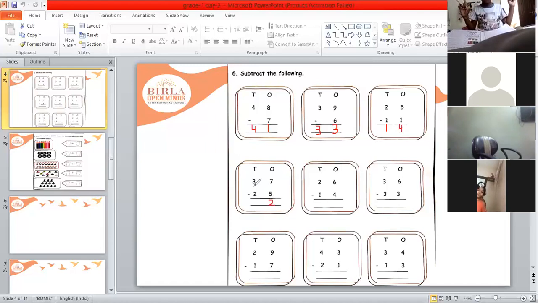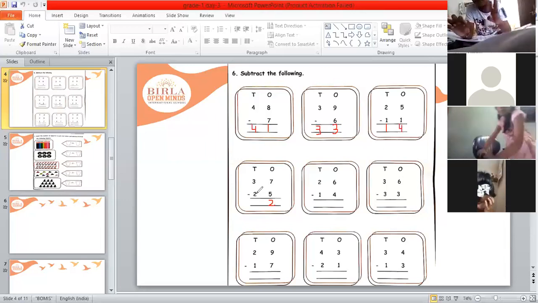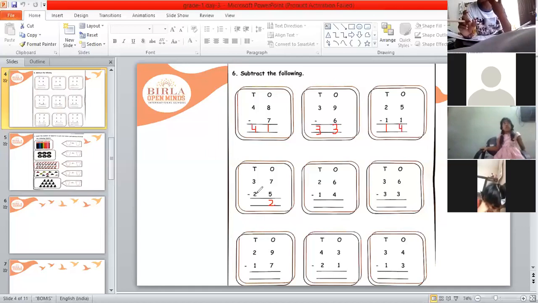And in tens place, numbers are 3 and 2. Show me 3 fingers. Yeah, now from these 3 fingers, how many you will remove? After minus sign, what is the number, Ketan?